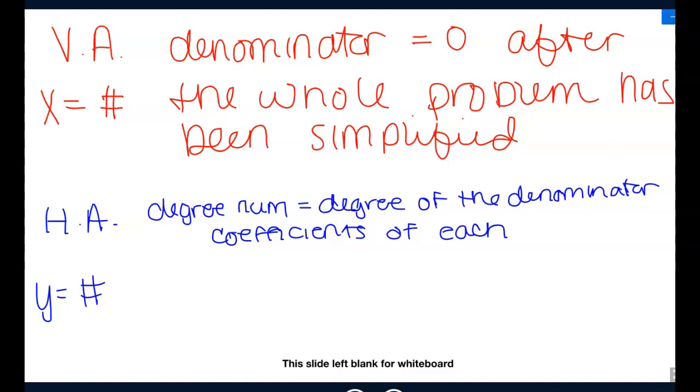Example 2 is a case where the degree of the numerator is smaller than the degree of the denominator.